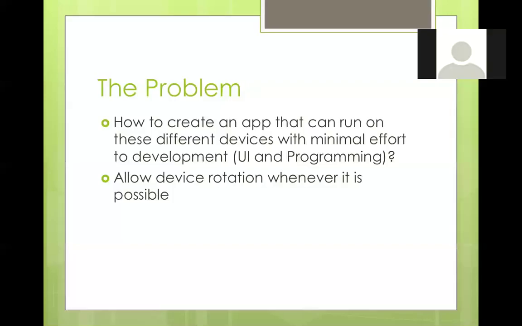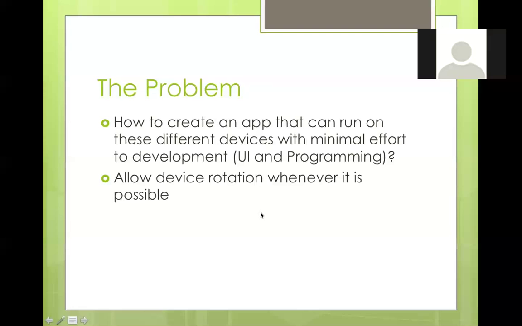In addition to this, we want to be able to do rotation too. So when I rotate the device, I don't want my UI elements to be all over the place. And for those of you that have tried this before, it was a nightmare, okay?